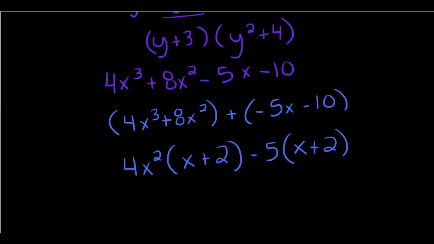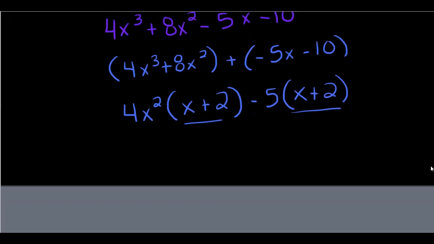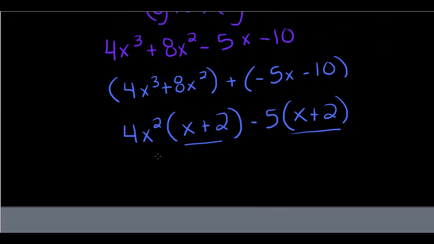Negative 5 times x is negative 5x. Negative 5 times 2 is negative 10. My goal is to have a binomial with the same terms, which I do. So then it's going to be x plus 2 times 4x squared minus 5. And that's the answer.